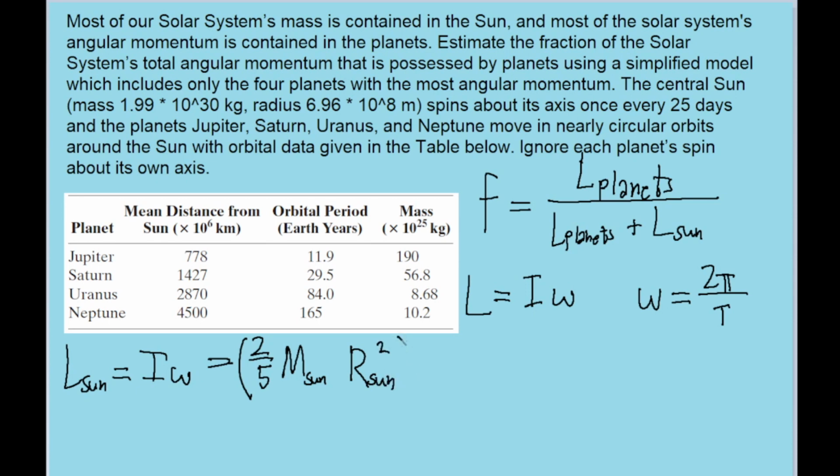And we are given, in the problem, the mass of the sun and the radius of the sun, so we've got that part covered. And times 2 pi over the sun's period of spin, which is given as 25 days. So we'll want to convert that into units we can work with.